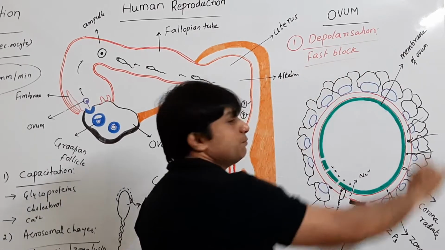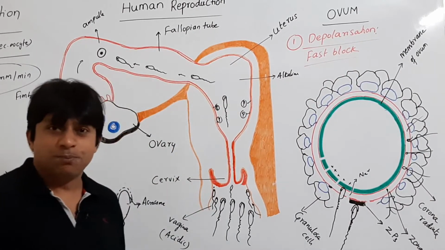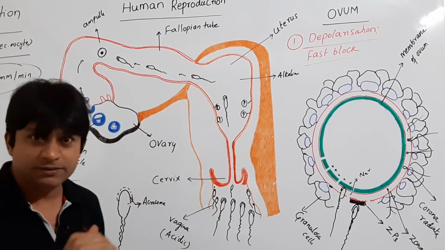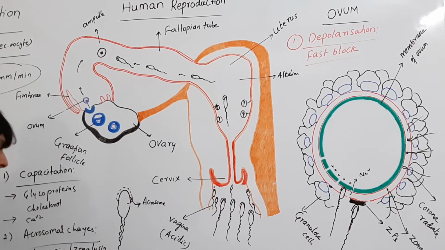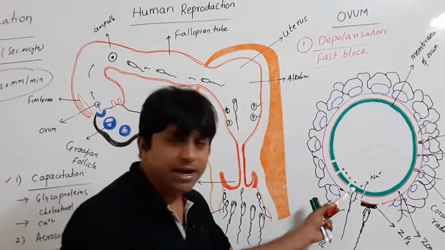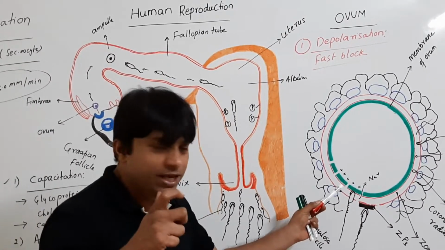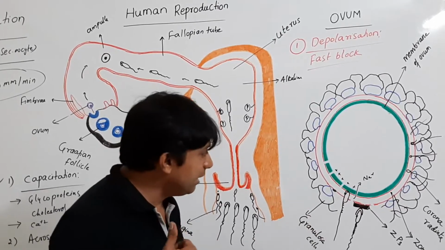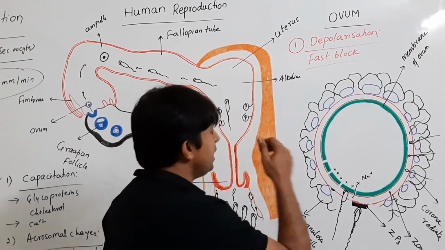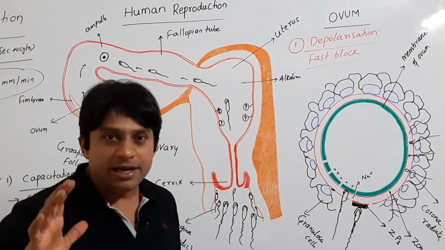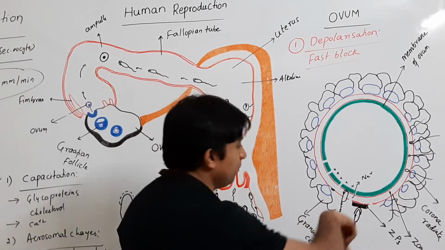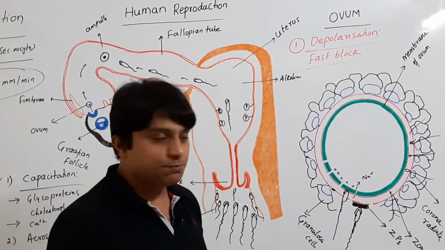When the sperm dissolves the zona pellucida using acrosin and touches the membrane of the ovum, the sodium channels immediately open, sodium influx takes place, and the resulting depolarization prevents the entry of further sperms. The next sperm cannot enter.